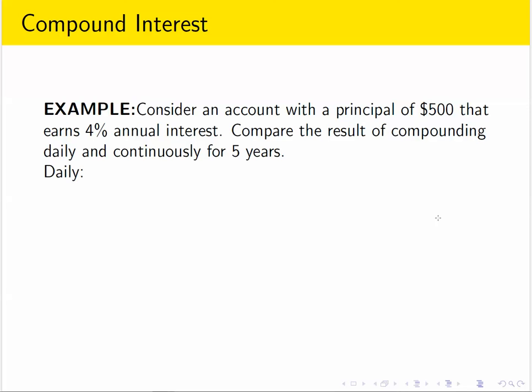So, to do the daily calculation, we plug in, this is supposed to be 365 in this denominator. And calculating that gives you $610.69 at the end of 5 years.